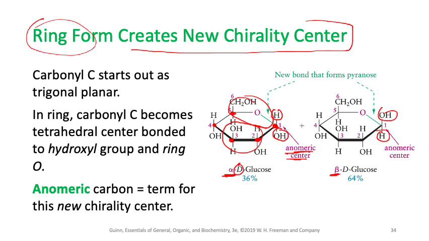And this D comes from the Fischer projection. From which Fischer projection do we make this cyclic structure? From the D-glucose Fischer projection. So make sure that if you have beta-D or alpha-D, alpha and beta come from the cyclic form and D comes from the Fischer projection, from where we got this cyclic form, right?